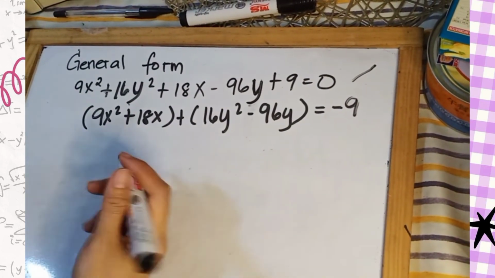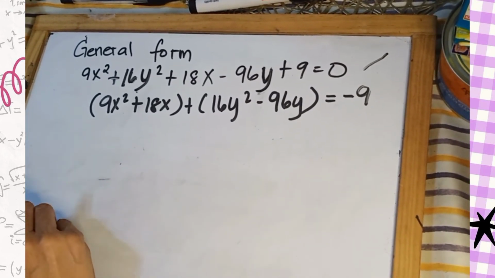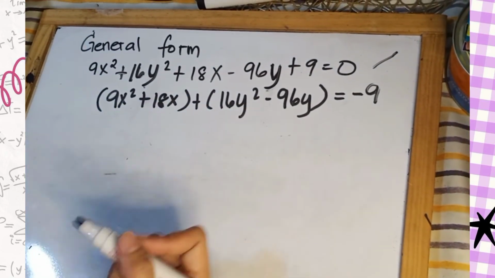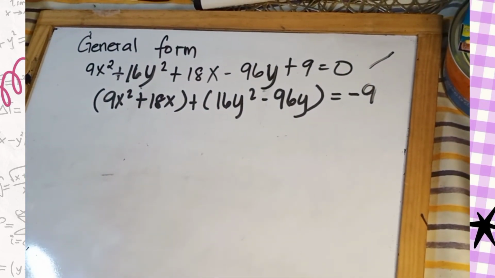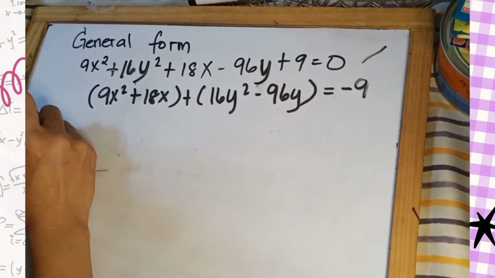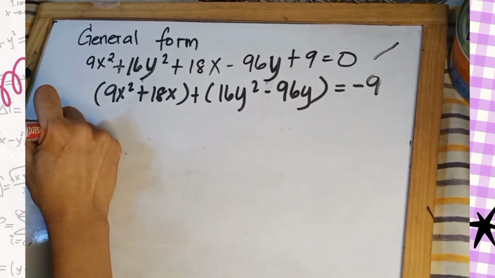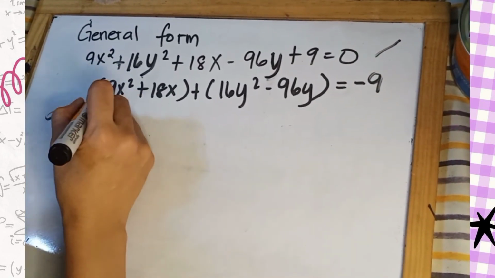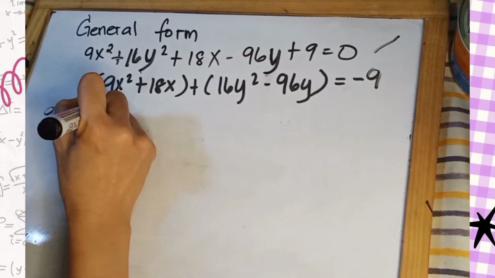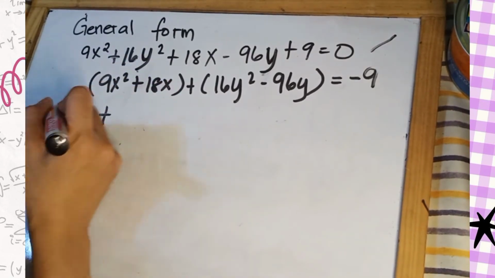Okay? And then, we will now going to apply the technique of completing the square. Pero bago yun, isimplify muna natin yung mga nakagroup natin para mas madali. So, in our first group, meron tayong common factor na 9. So, ilabas natin si 9. And then, 9x squared divided by 9. So, that is x squared plus 18x divided by 9.